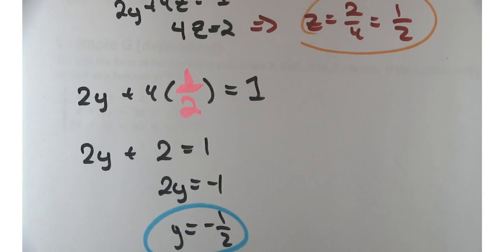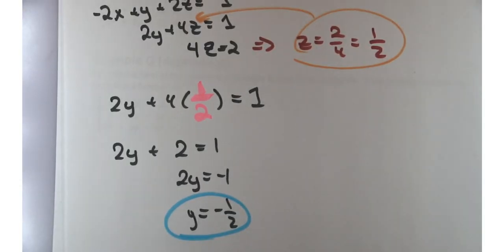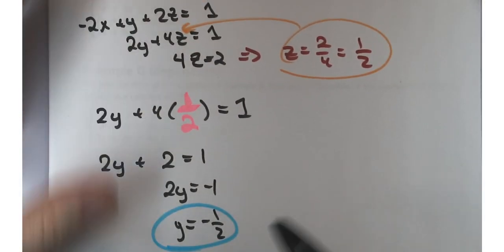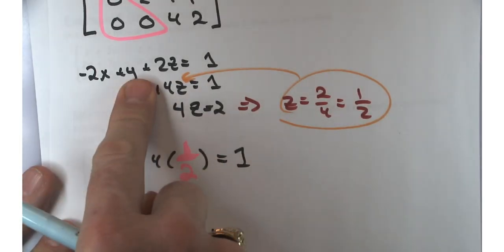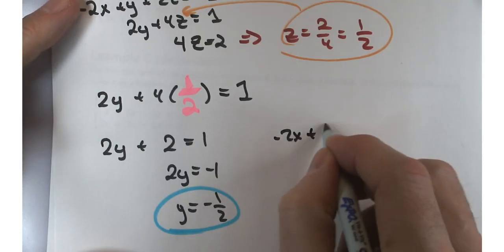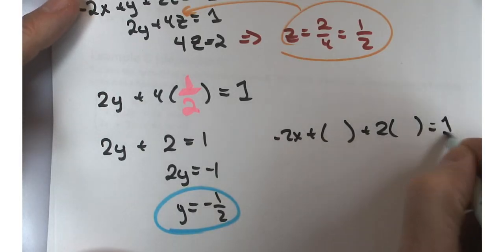What am I going to do to get that last one? Yeah. Take both of these values and put it in the top equation. So negative 2x plus negative 1/2 plus 2 times 1/2 equals 1.